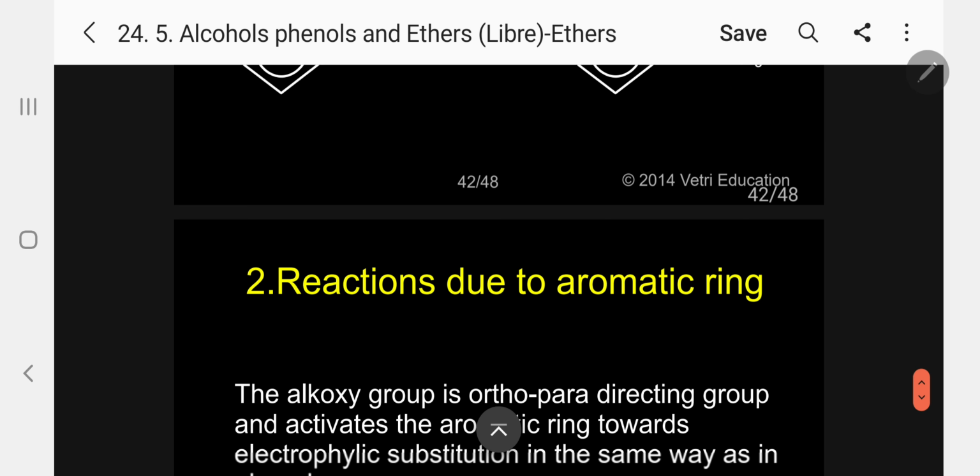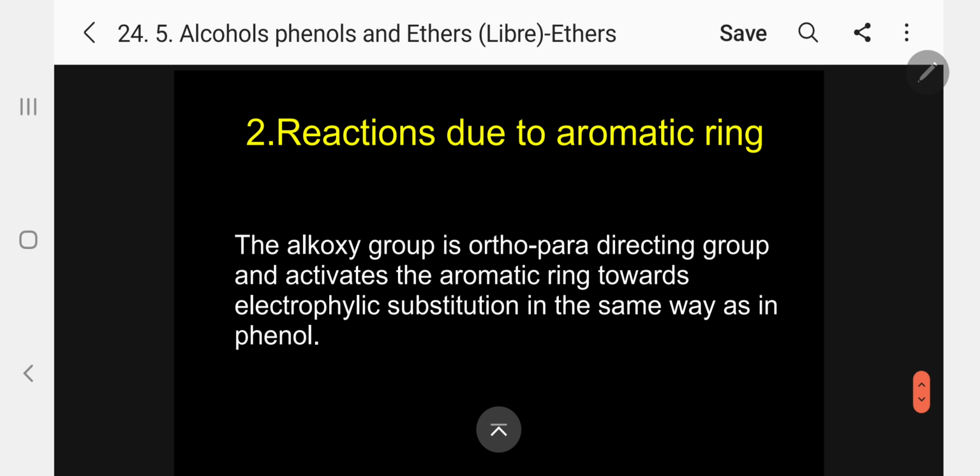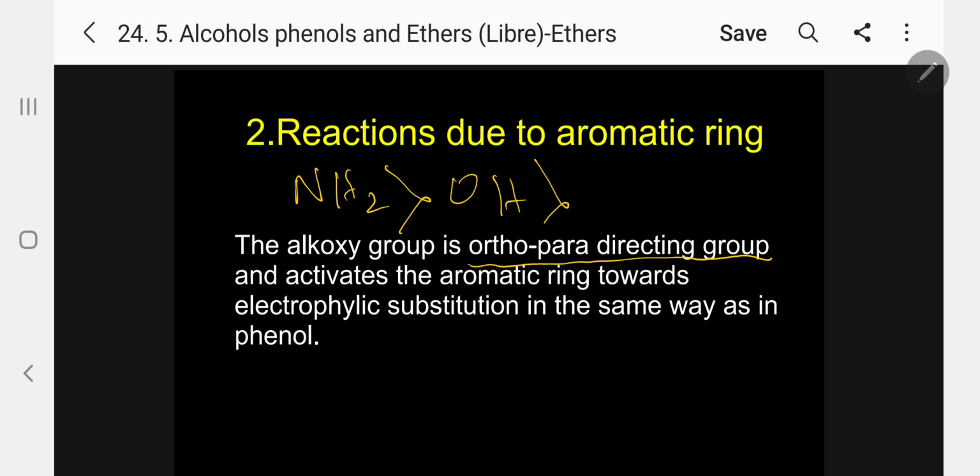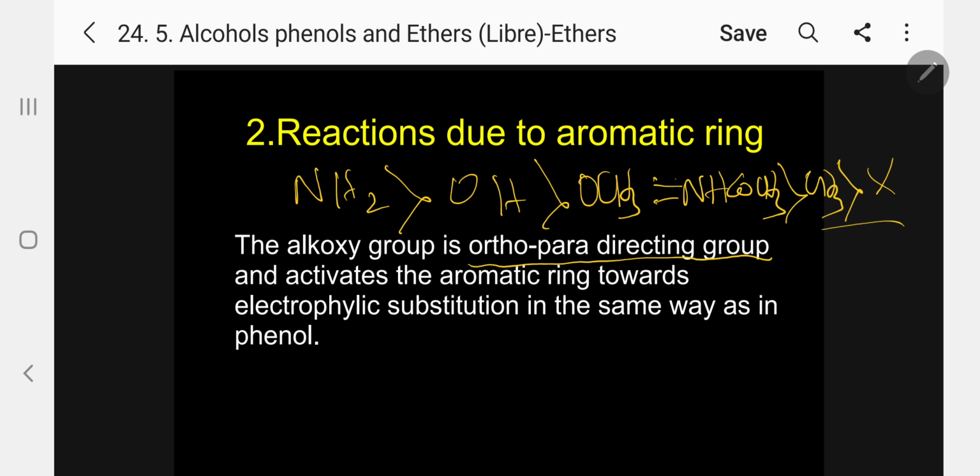The second one is reaction due to the aromatic ring. The alkoxide group is an ortho-para orienting group. Kindly follow. So what is the normal order? I hope you remember this: NH2, OH, OCH3 equivalent to NHCOCH3, greater than CH3, greater than X. This is the normal electron releasing group order.